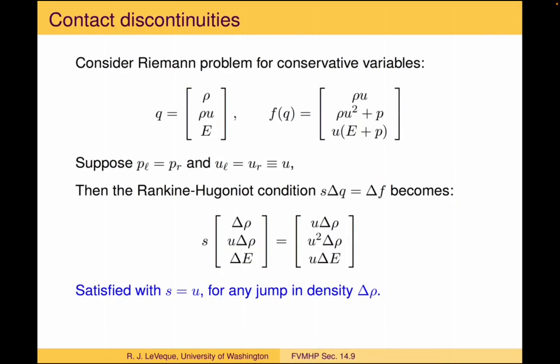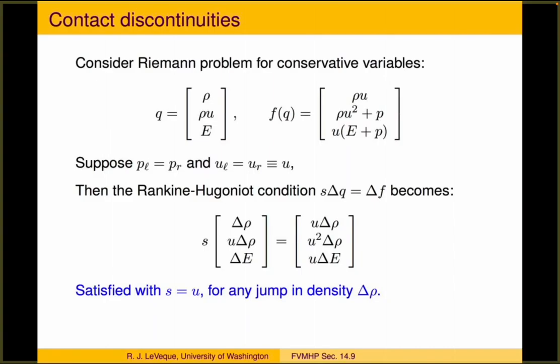So if we consider a Riemann problem, and if we go back to the conservative variables for the moment so that we can talk about the Rankine-Hugoniot jump condition, then we can see that this two-wave family across which the pressure and velocity are constant also satisfies the Rankine-Hugoniot conditions if we choose an appropriate speed for the discontinuity.